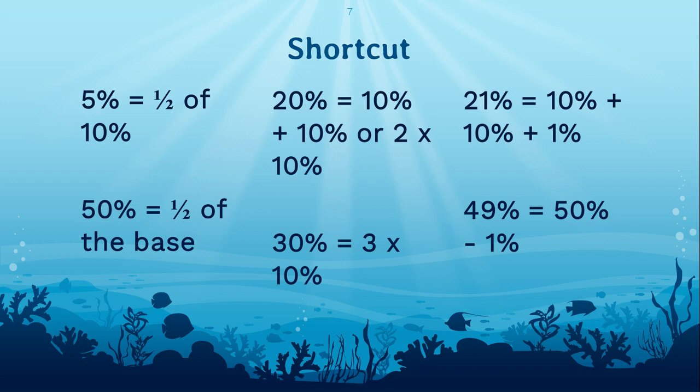So 49% is also equal to 50% minus 1%. So these are the examples and relationships of percentages. Now you can also make your own. There are several percentages, and you can find relationships, and you can break down other percentages into relatively easy percentages.